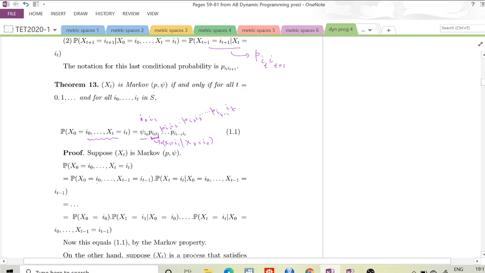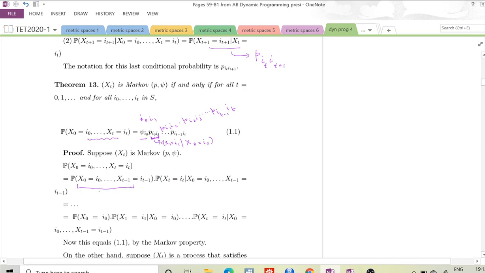Probability x_0 is equal to i_0 all the way through x_{t-1} is equal to i_{t-1}, times probability x_t is equal to i_t given x_0 equals i_0, x_1 equals i_1 all the way through x_{t-1} is equal to i_{t-1}. Okay, fine. And then having broken this up in this way, we recursively break this up in exactly the same way.